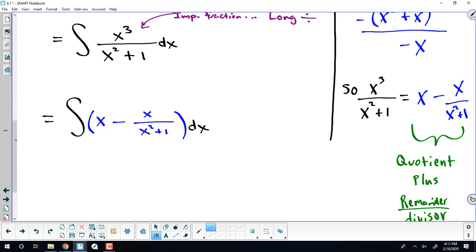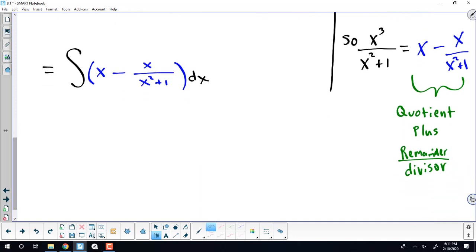I know technically you should do that, but if you're writing things like this, I'm not taking points off for it. You just shouldn't write it this way. You know what that means when you write it down, but it's technically not correct to write it out like that.